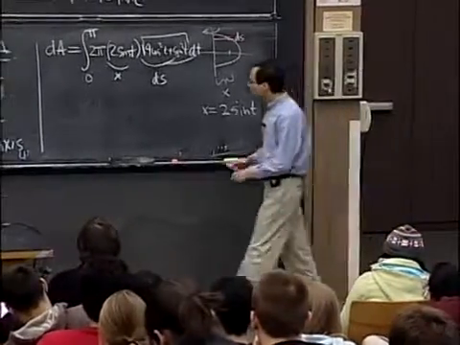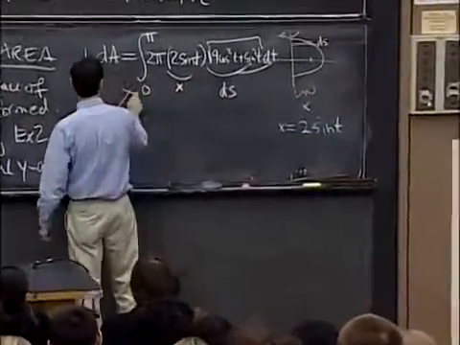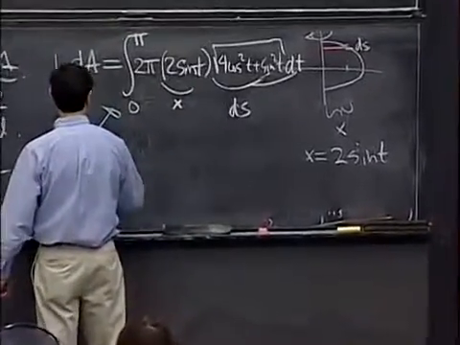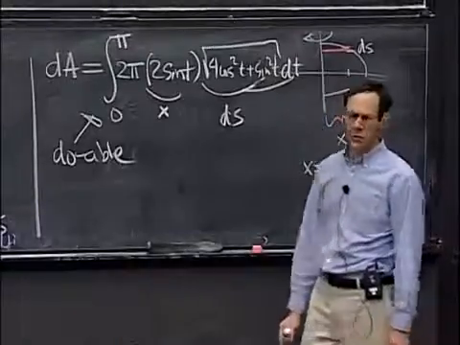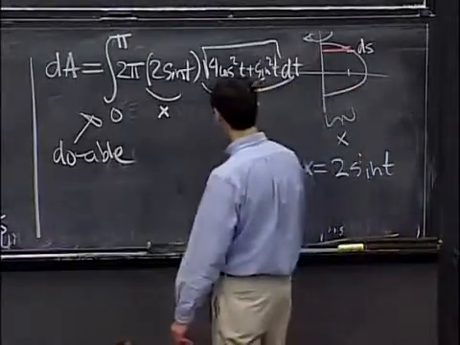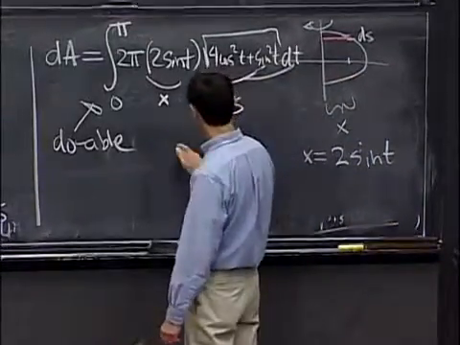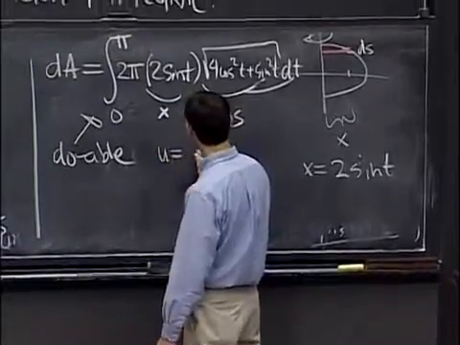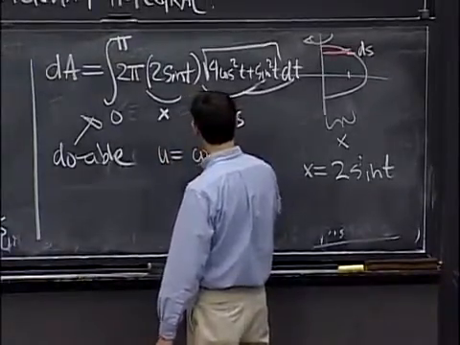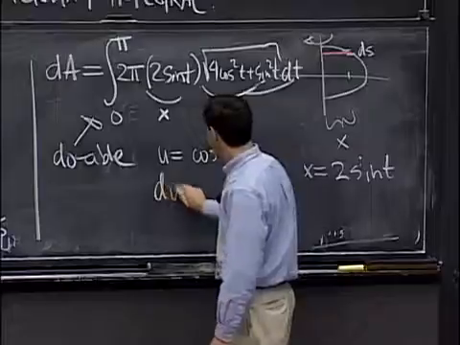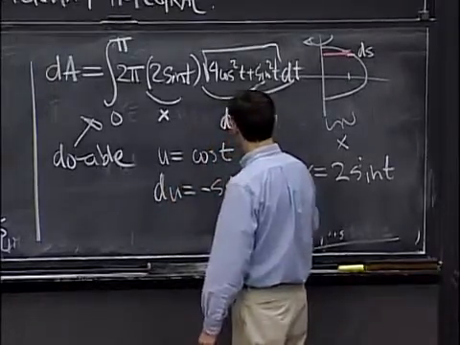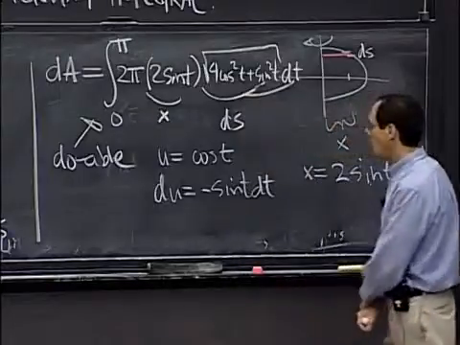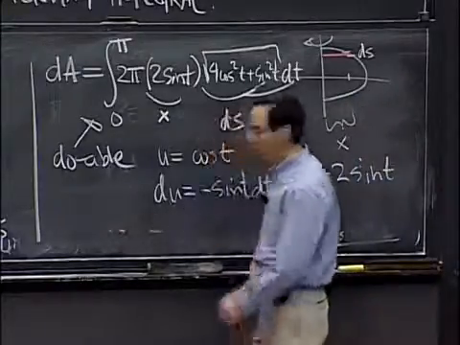And now I claim that this is actually a doable integral. However, it's long. I'm going to spare you. I'll just tell you how you would get started. You would use the substitution u is equal to cosine t, and then the du is going to be minus sine t dt. But then, unfortunately, there's a lot more.